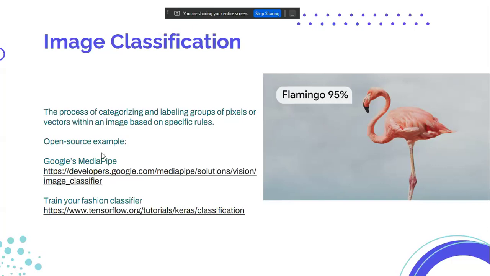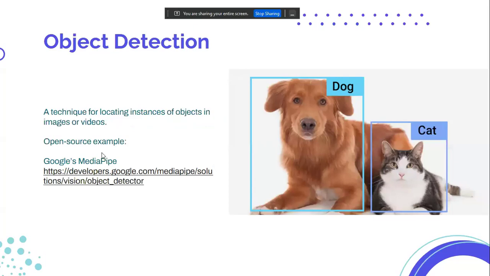Object detection is identifying the different objects in an image. Classification is a little bit different. It's identifying the different categories of objects. For example, in object detection, as you can see here, we identified a dog and a cat. That's what the model sees.